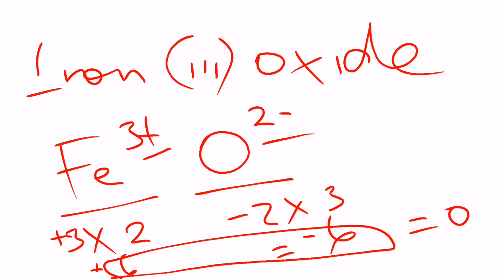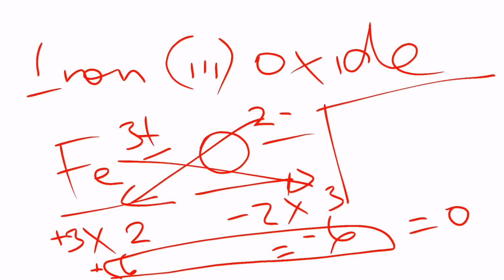So just assume that this 2 comes here and this 3 comes here, so that now your formula is going to be iron, and then it is 2, because I'm taking this 2. Yes, it's multiplied by 2.